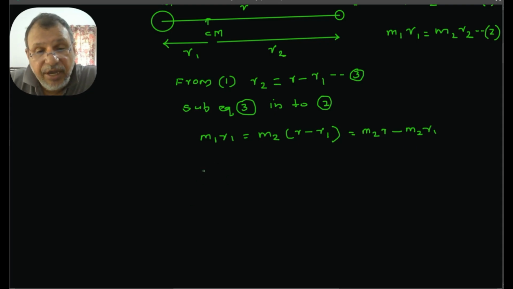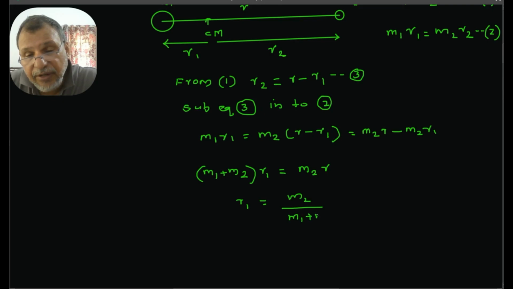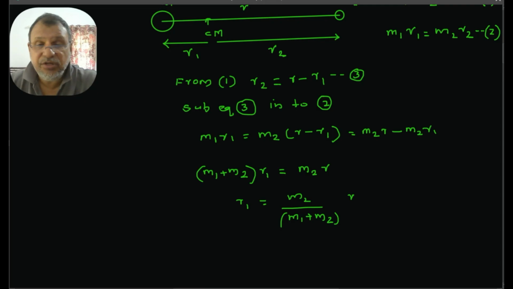You will get M1 plus M2 times R1 is equal to M2 R, or rather R1 is equal to, this is important, M2 over M1 plus M2 times R. So this is one equation, R1.